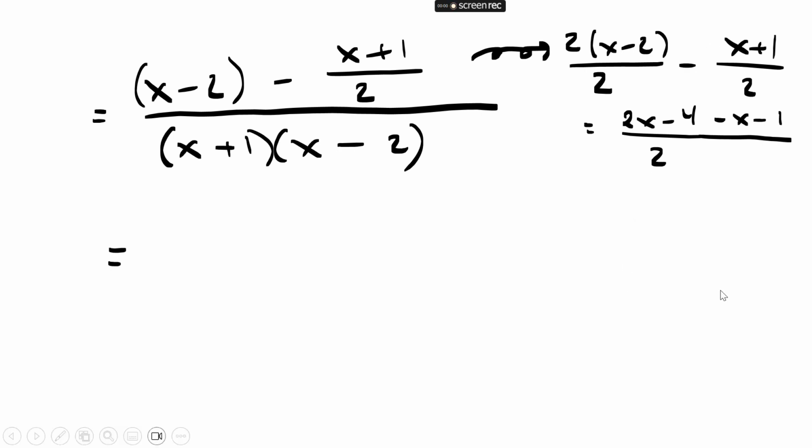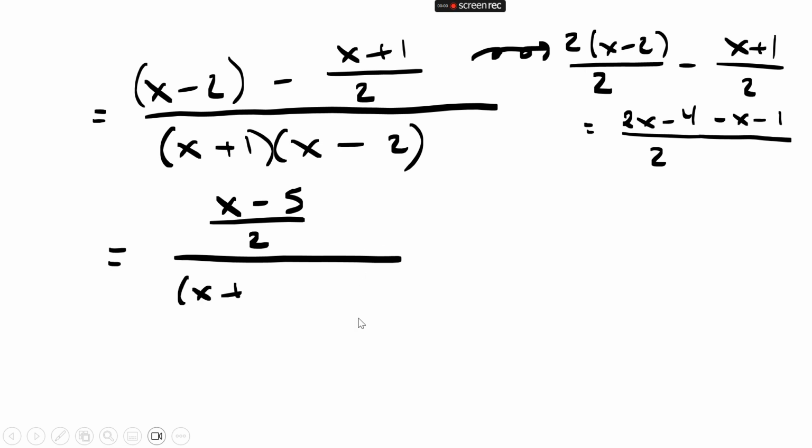And then I can just multiply the negative in. So this now becomes, so 2x minus x makes x, and negative 4 minus 1 makes 5, all over this.